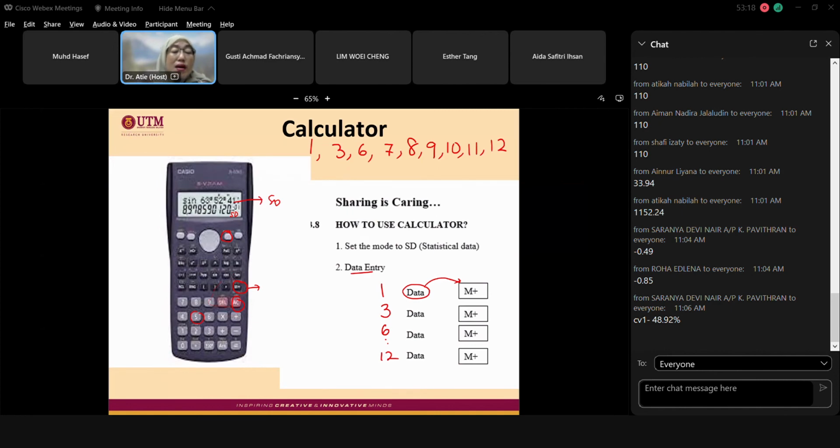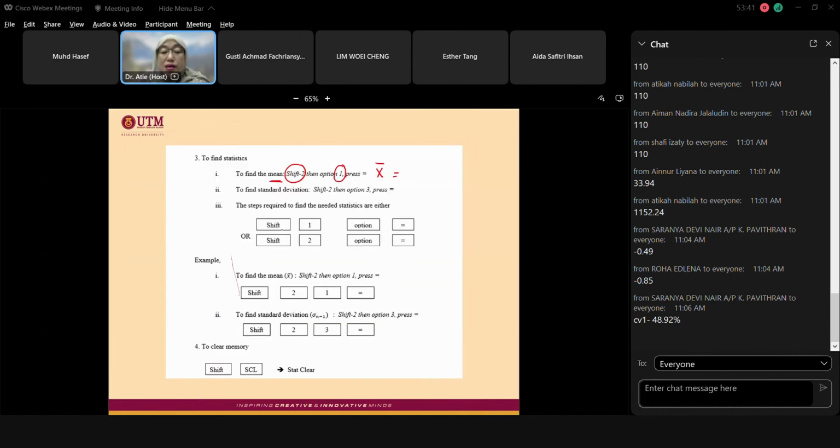I think the button is not really clear here, maybe it's this one, I'm not sure. Press shift and then button 1, and it will give you a few options. So for example, shift 1, what will the options be? Can someone read me the options? What do you get?